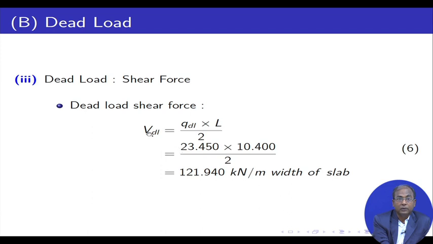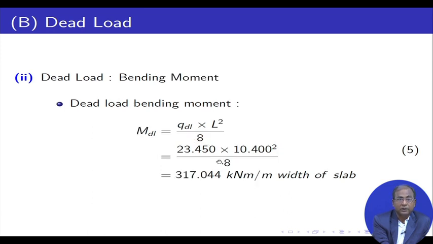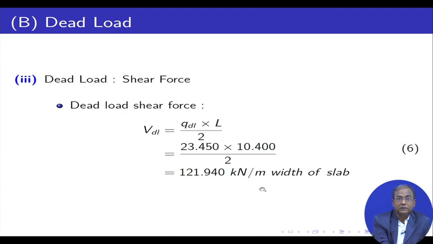So, what we can do here, for the dead load shear force and bending moment, 23.45 into 10.4 squared by 8, so 121.94 kilonewton meter. That we can get per meter width of the slab. So, we have got that as usual, and the bending moment and shear force we can find out, and that is coming here.